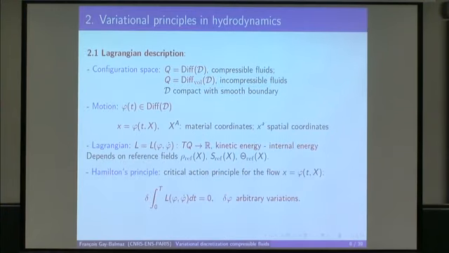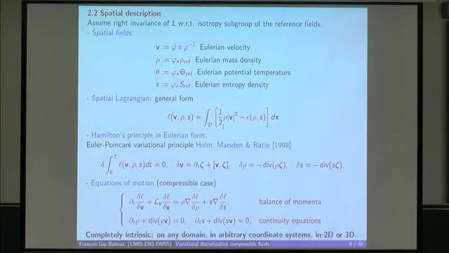So earlier they were just fixed quantities, right? No time dependence. And when I look at them in the Eulerian frame, they acquire some dynamics due to the time dependence of phi, right? So rewriting the Lagrangian in terms of Eulerian coordinates, you get this expression.